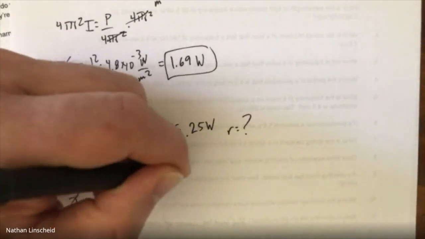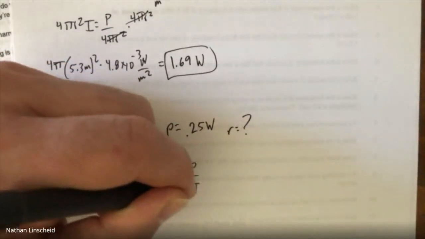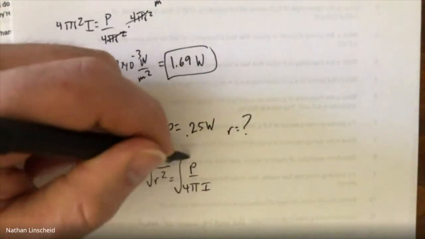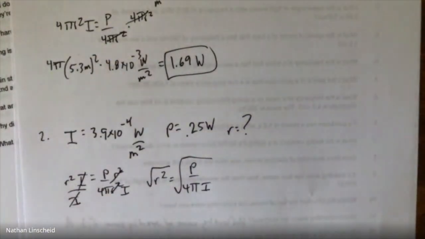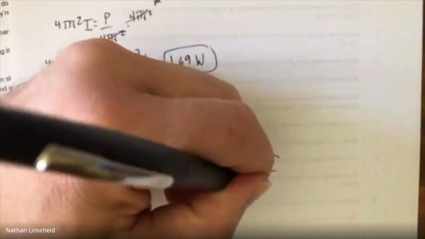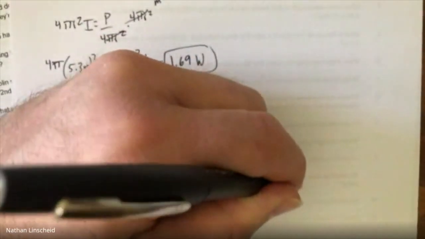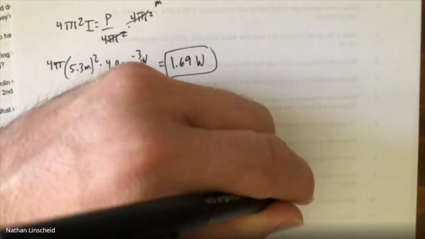So r squared equals P over 4 pi I. And I want just r, so I'm going to take the square root of both sides. So this is going to be 0.25 watts over 4 pi times 3.9 times 10 to the minus 4th watts per meter squared.